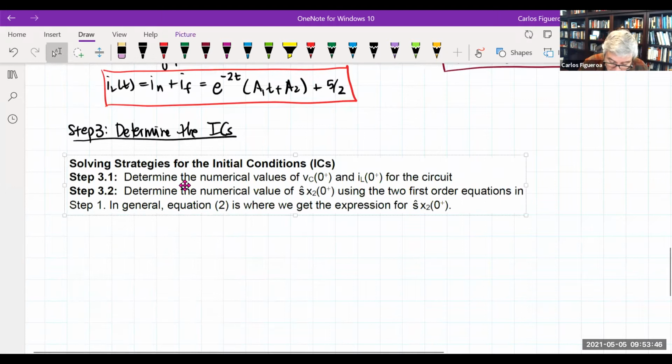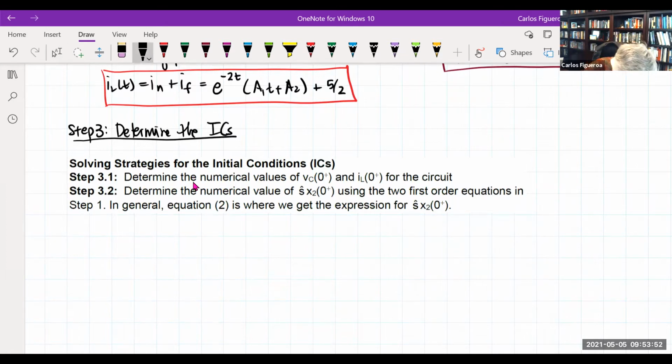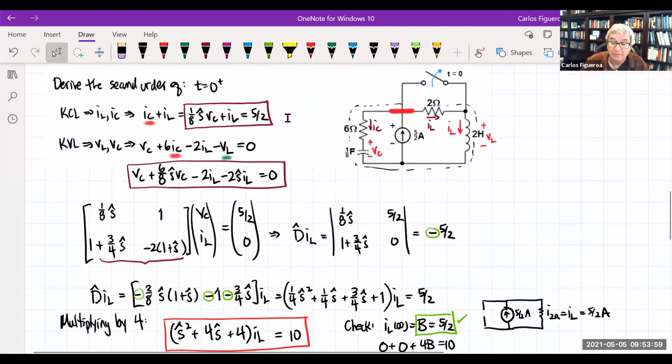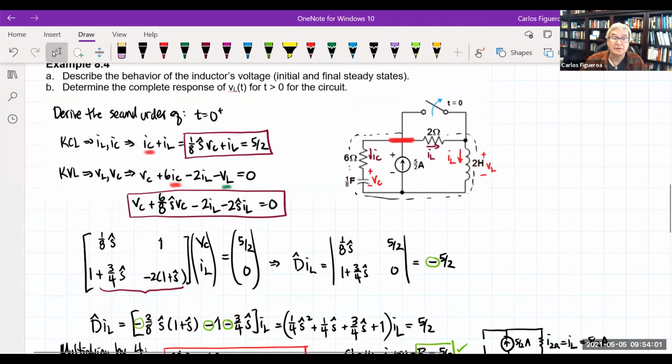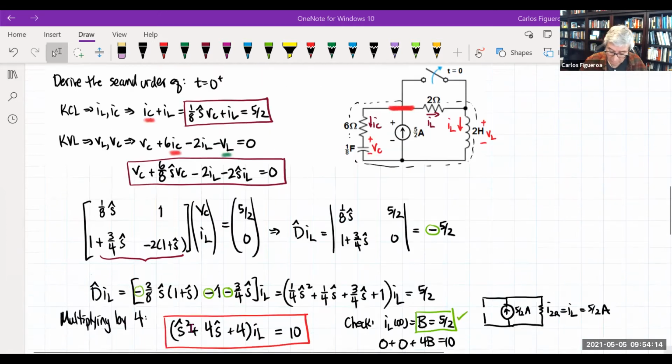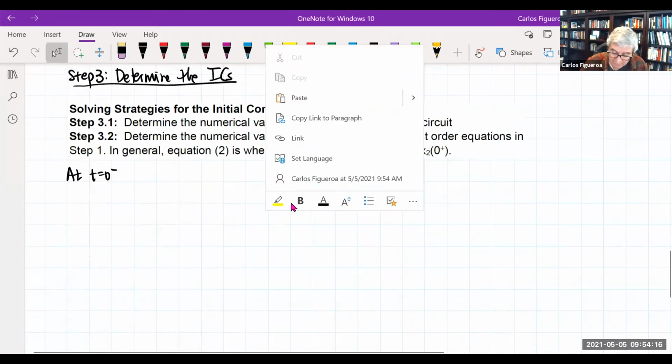They say determine VC and IL as normal. So let's go do that. So at t equal to 0 minus, what does my circuit look like? Look at my circuit here. Let me see if I can go get that circuit. Here's my circuit.